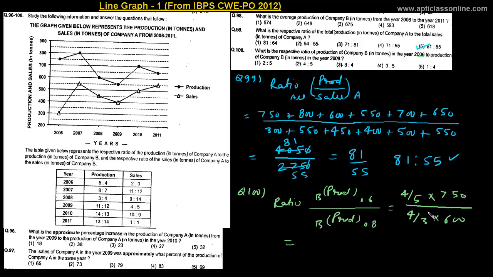Let's calculate that. 600 divided by 3 is 200, 2 into 4, that is 800. So 6 by 8, that is 3 by 4, or we can write 3:4. That is the required ratio.